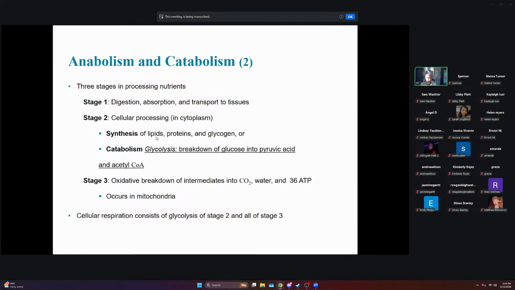Or they can go from glycerol and be reestablished into a triglyceride. So that's synthesis, the building up of nutrients back into those organic molecules that they were before chemical digestion.